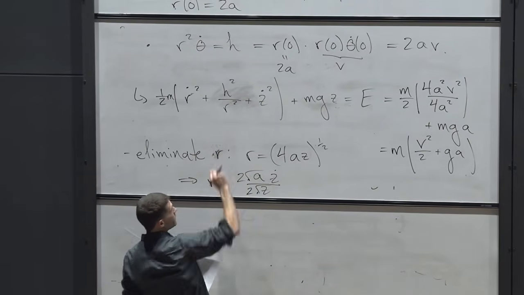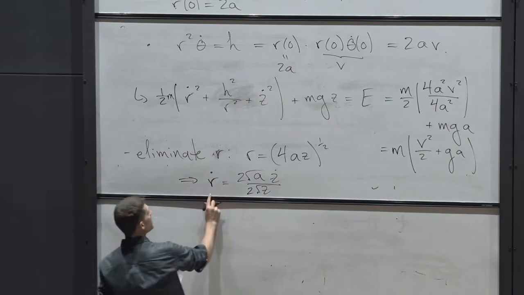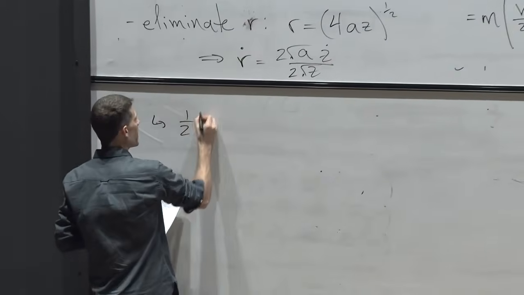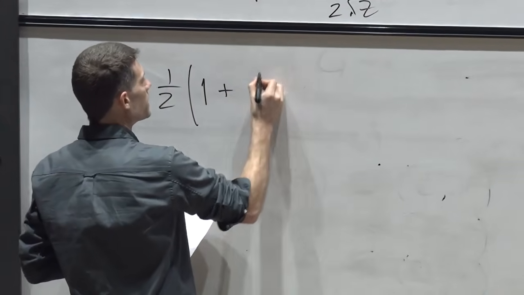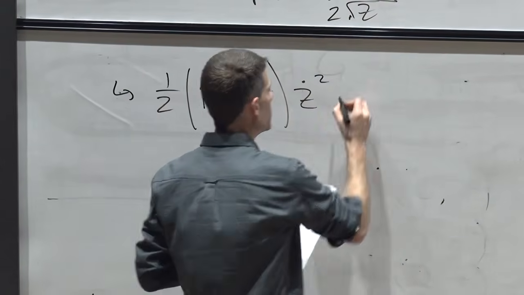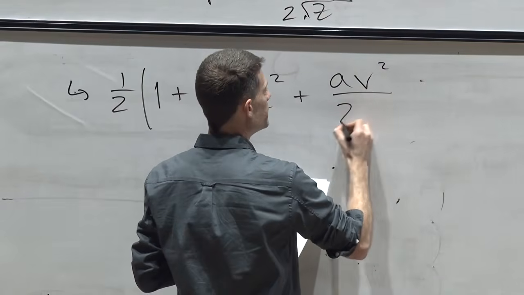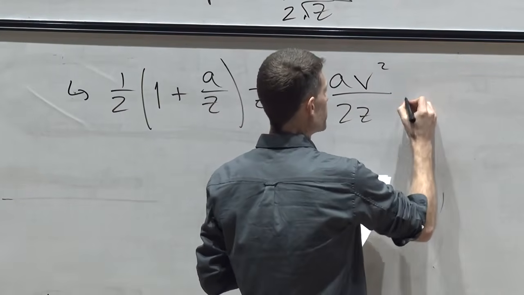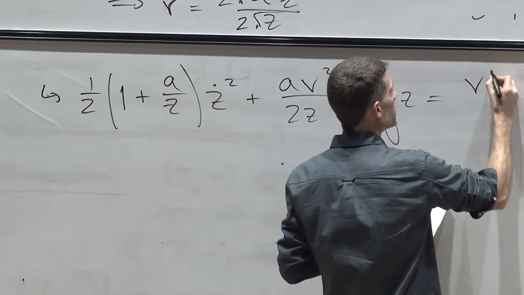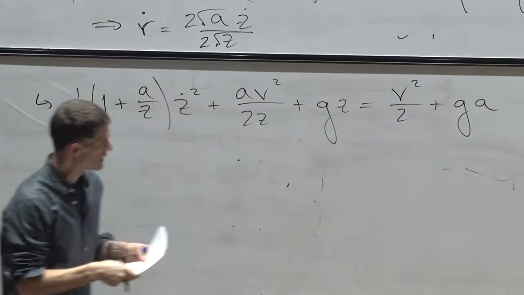So I take this, I shove it in there, and I'm going to shuffle things around so I get the coefficients of the z dot. After a little bit of algebra, you can write this as 1/2 times 1 plus a over z, times z dot squared, plus a v squared over 2z plus gz equals v squared over 2 plus g times a.